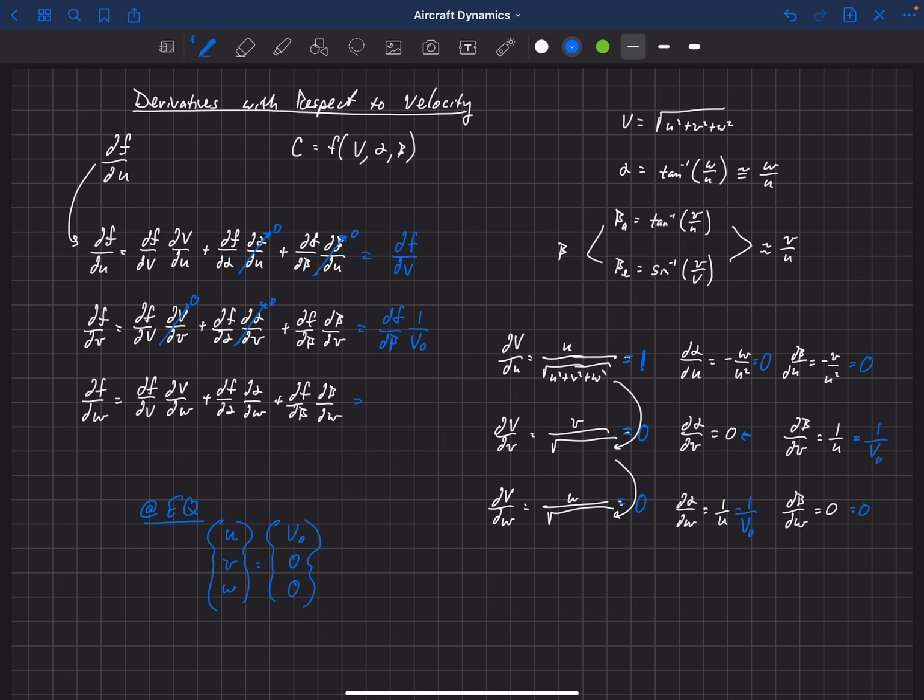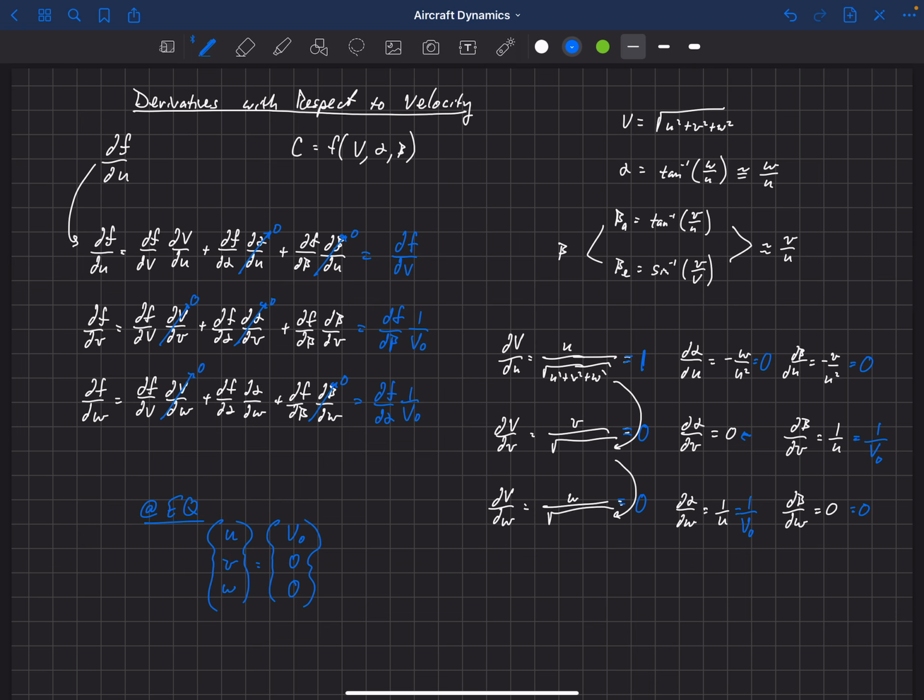And then the last one, dv dw, is 0. d alpha dw is equal to 1 over V naught. So we're going to have a partial of f with respect to alpha times 1 over V naught. And then d beta dw is 0, okay?